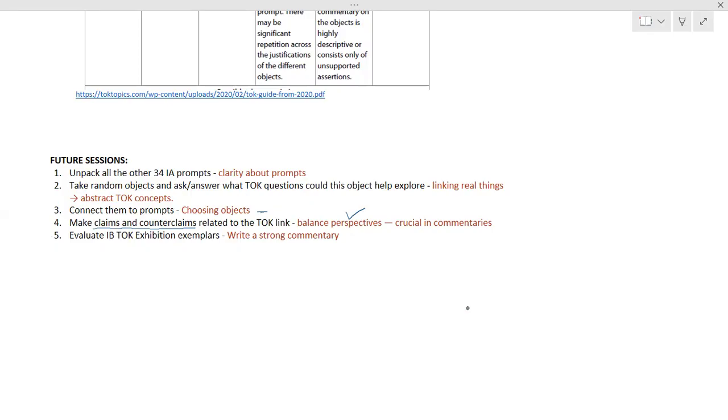So we will take up a few exemplars from IB and we will mark them based on the IB criteria that I showed you. So here you will understand how to write a strong commentary. Which commentary is weak? If it is weak, in what fields, in which sections it is weak? How do we improve upon that? So our future sessions would be based on these.